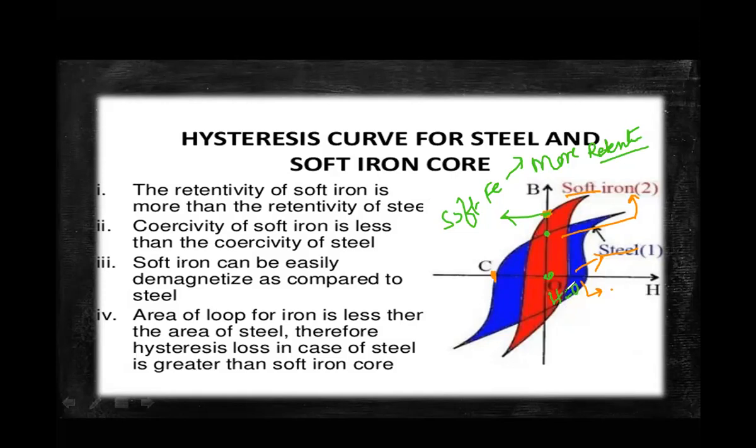When the applied field is 0, we are not applying any external field, but the ferromagnetic material still shows some residual magnetization at H equal to 0, which is called retentivity. So soft iron has more retentivity compared to steel.